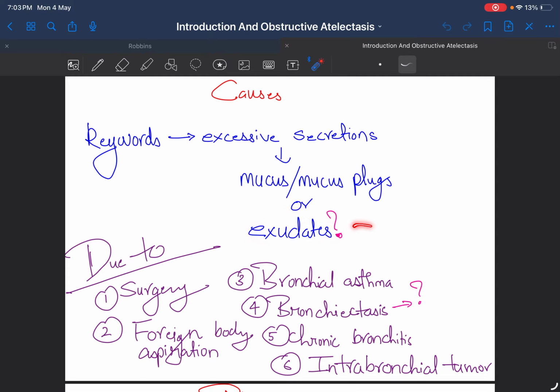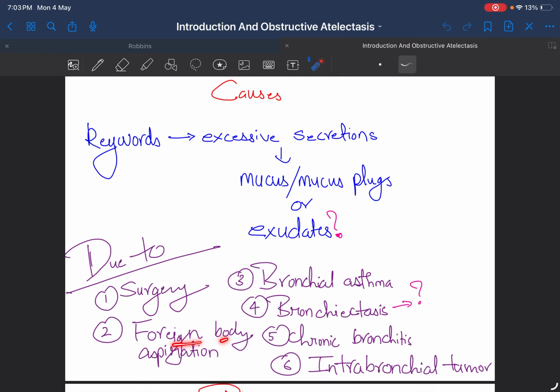Exudates are basically protein-rich fluids that ooze out from the blood vessels where there is inflammation or injury, within the smaller bronchi. Surgery can also cause it, because diminished respiratory movements occur, which result from post-operative pain.